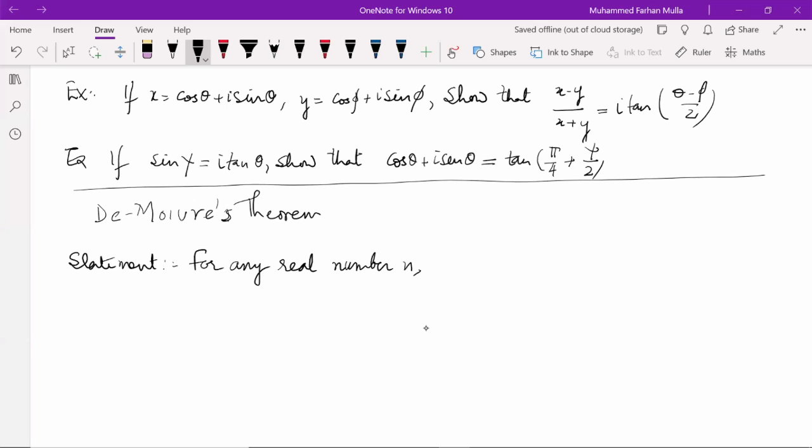n, as one of the values, then (cos theta plus i sin theta), remember this is (cos theta plus i sin theta) whole to the power of n, is equal to cos n theta plus i sin n theta.